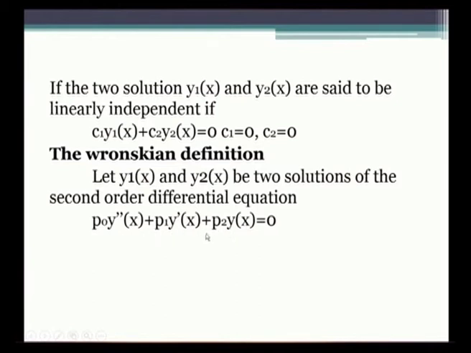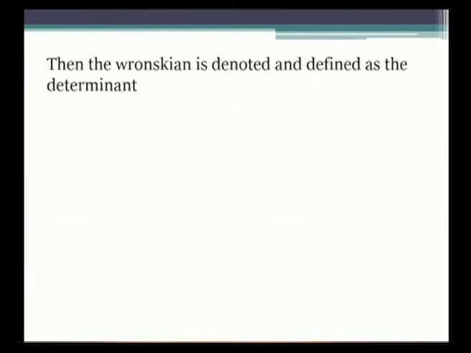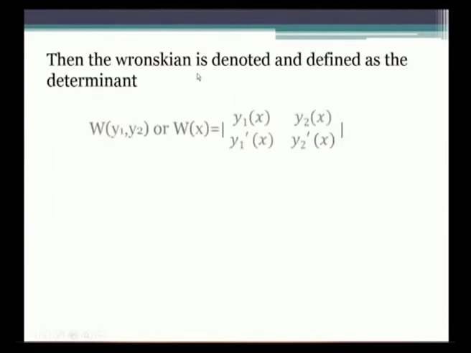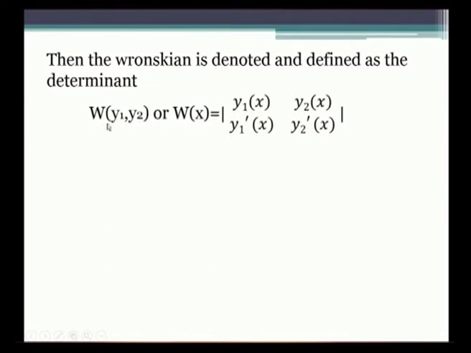This is the assumed second order differential equation, and y1 of x and y2 of x are its two solutions. Then the Wronskian is denoted and defined as the determinant W of y1, y2, or W of x, equal to the determinant of y1 of x, y2 of x, y1 prime of x, y2 prime of x. This is how the Wronskian of the solutions is determined.